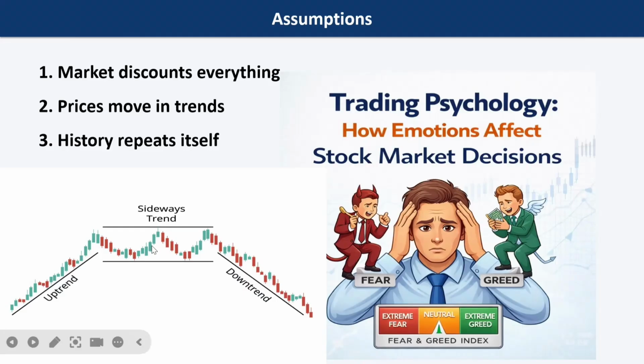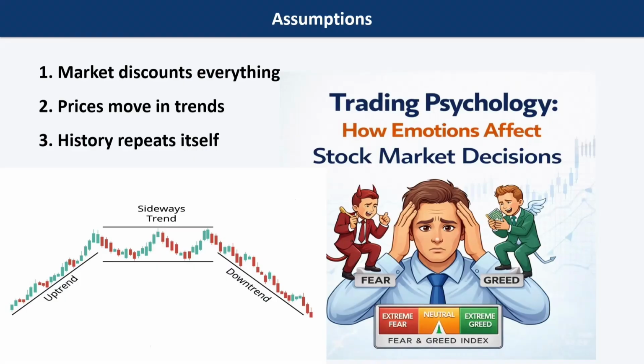When the prices are just moving around, for example, if the stock price is 100 rupees, it is moving around 101, 102 or 99, 98, it is called a sideways trend. And the same way, what is downtrend? When the prices are decreasing, for example 100, 90, 80, like that, it is called a downtrend.